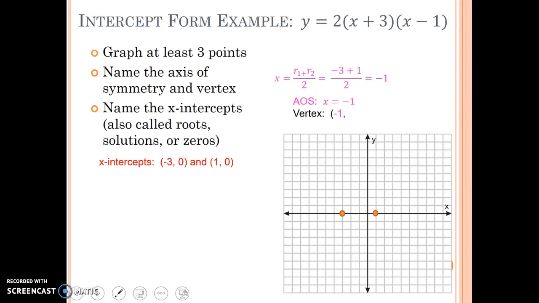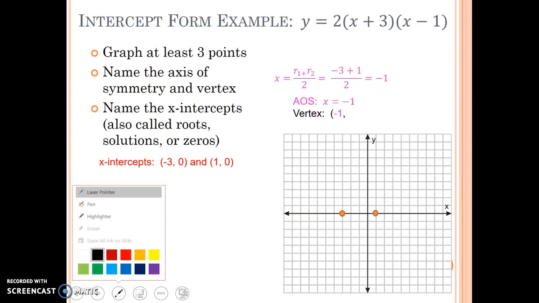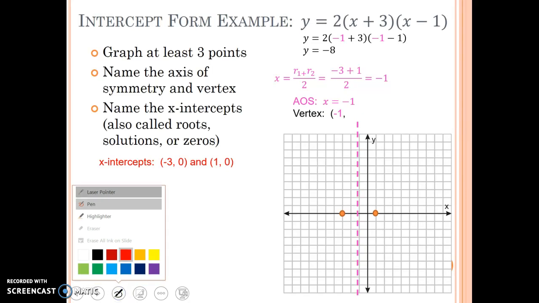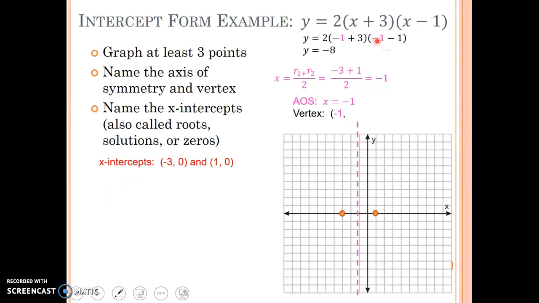But now we need to plug it into the equation to figure out what our y value is. So if I take this -1 and put it in here, then you will see that you get -1 plus 3 is 2. 2 times 2 is 4. And then if you have -1 minus 1, that gives you -2.